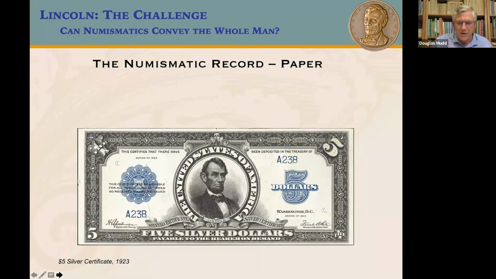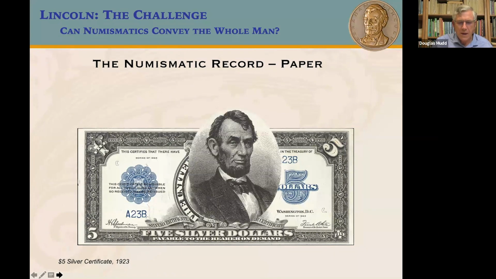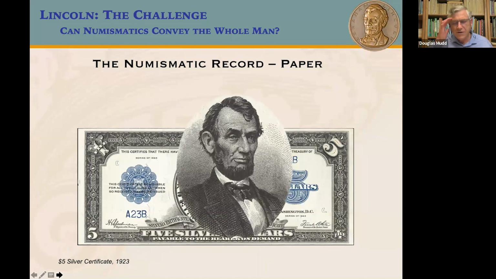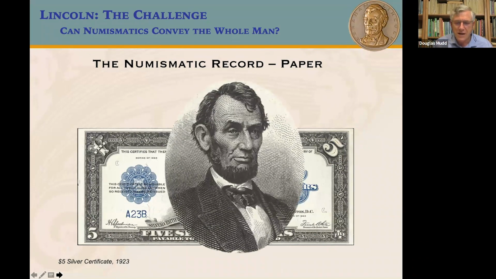Now we have a 20th century image on the $5 certificate of 1923, silver certificate. And here, this is going back to our second image, engraved image of him. There's a little bit of the humor. It's a very similar image with only slight variation.